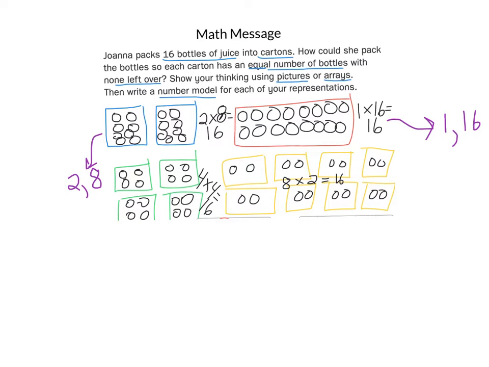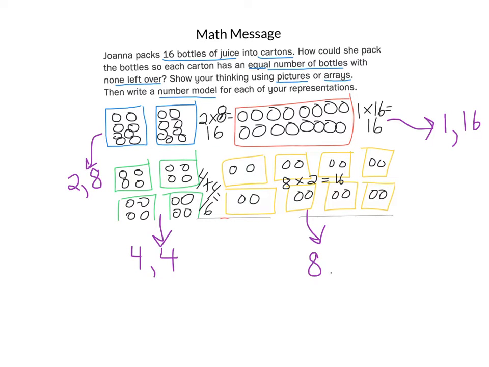If we look at the next one that we did, that was this green one, and we would say that we had 4 cartons with 4 bottles in each. So that would be the factors of 4 and 4 are the factor pairs in that one. And then in this last one that we have here, we had 8 cartons with 2 in each carton.